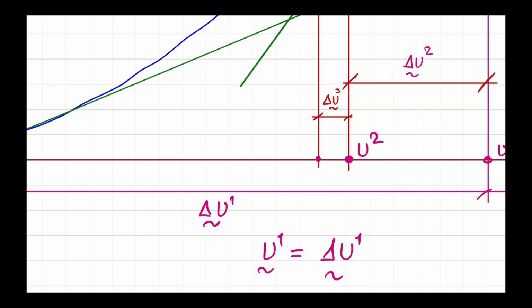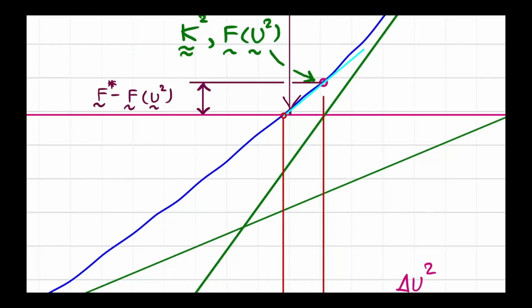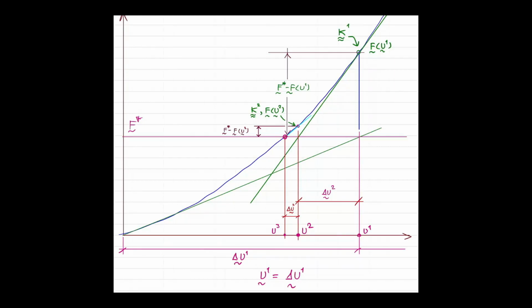So you solve, you get the negative delta U. So you run backward again, and then you come up with U3, which is this point where you get the convergence, and then you decide to stop.